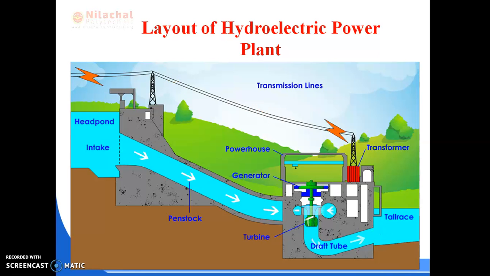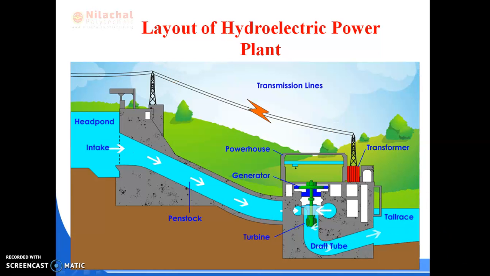Thereby we drag the water from the outlet of the turbine to the ground level. Tail race means the ground level where we install the turbine unit. This tail race water also will be connected to the dam.